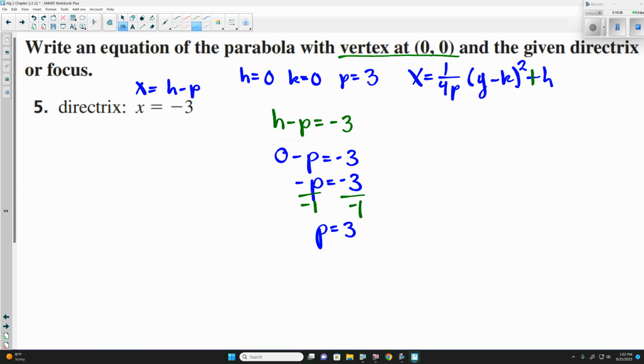Now again, the section 2.31 notes does have different forms on the first page that we could use, because it does say for the directrix on there that x equals negative p instead of h minus p. And the reason for that is because they already plugged in h and k as 0. I think it's better to do it this way. It does provide a few more steps.